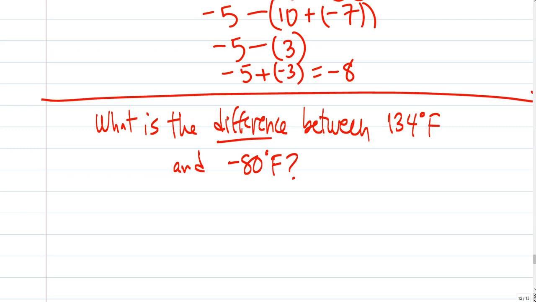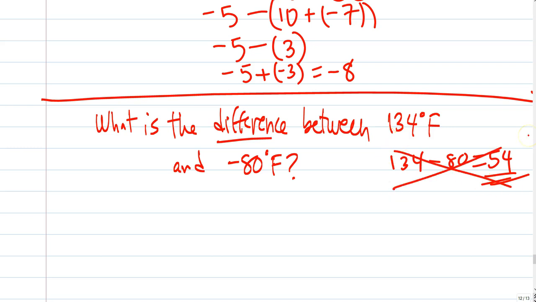I like this because I would have some people go 134 minus 80 is 54, which is utter nonsense because there is not 54 degrees between positive 134 and negative 80.